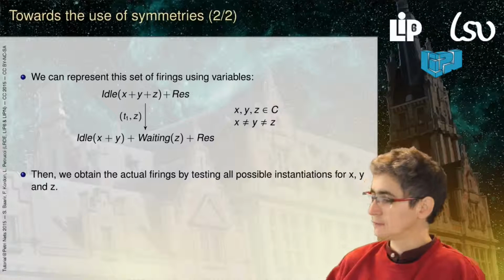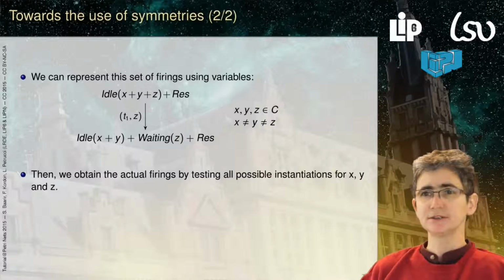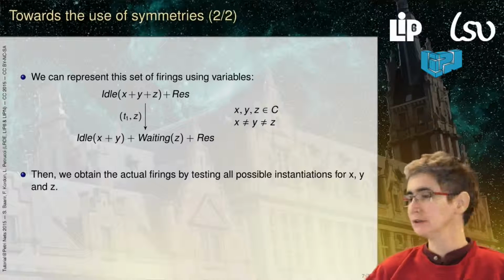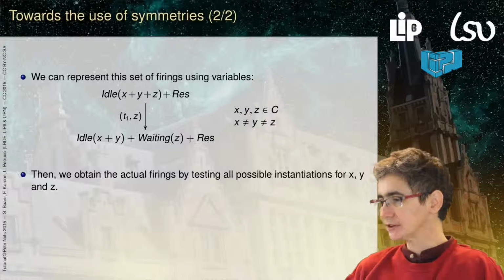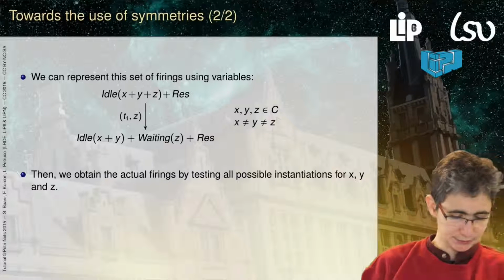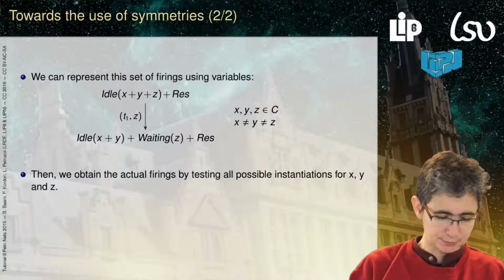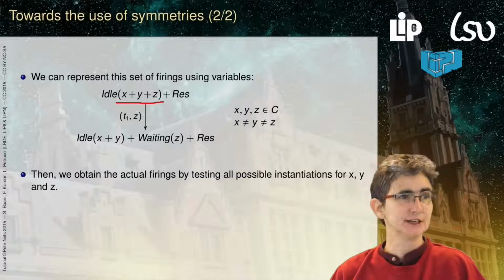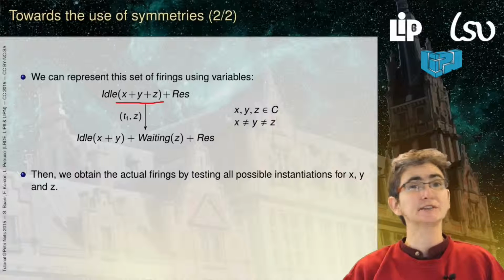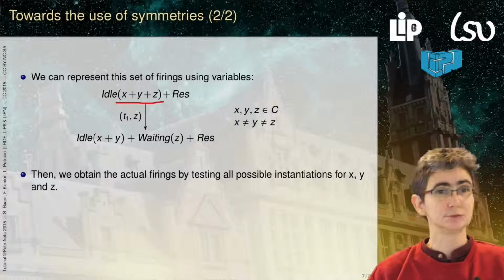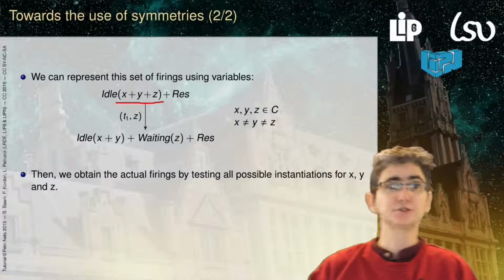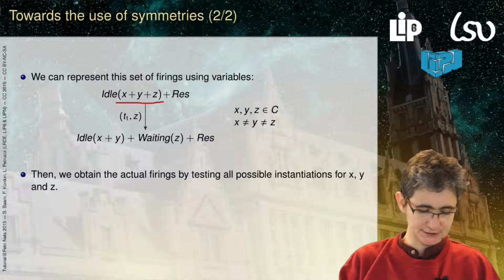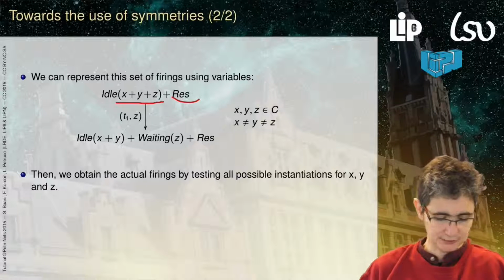So we can represent the set of firings by using variables instead of the actual values of the colors, and the initial marking could be represented by three variables, x, y, z, sitting in idle. So we don't say x equals C1 or x equals C2 or whatever. There are just three of them that are in idle, and we have the resource place that is also in the initial marking.